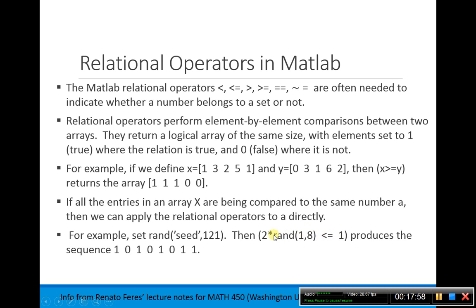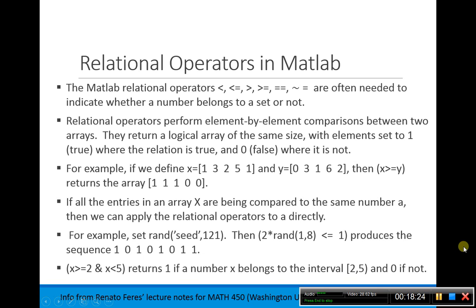So here, basically, if this thing is bigger than a half, then it's bigger than 1, right? You can actually do this on your own, because since I'm setting the seed to 121, I know it is going to produce the same thing each time. So try this in MATLAB and make sure that's what it does.